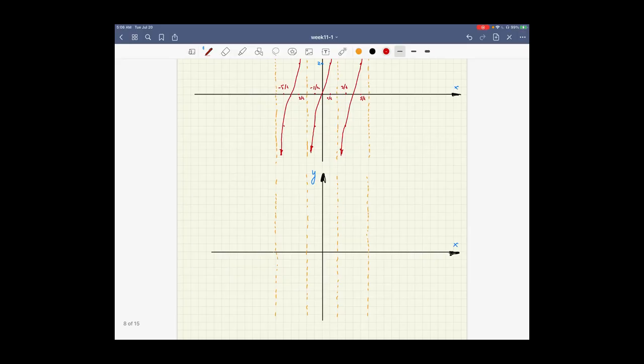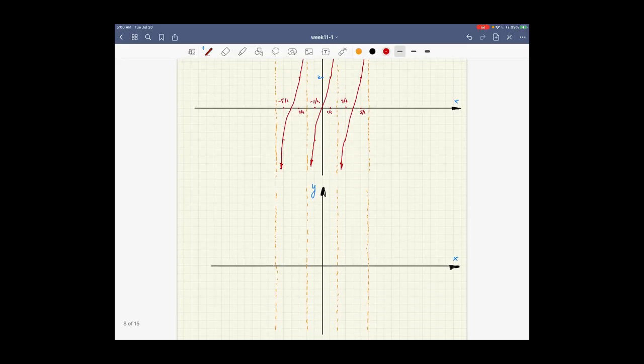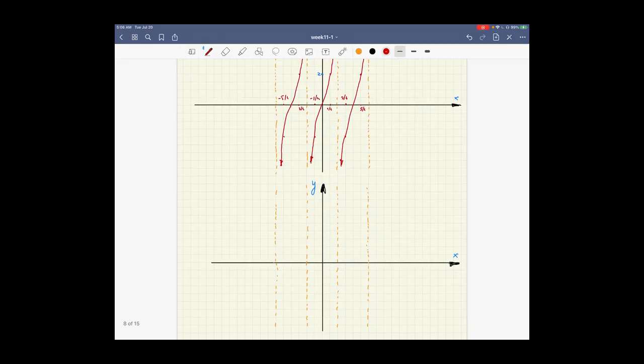So we have these key points. Now the points 3/4, negative 3/4, 1/4, and 5/4 are the points where the value is -2.